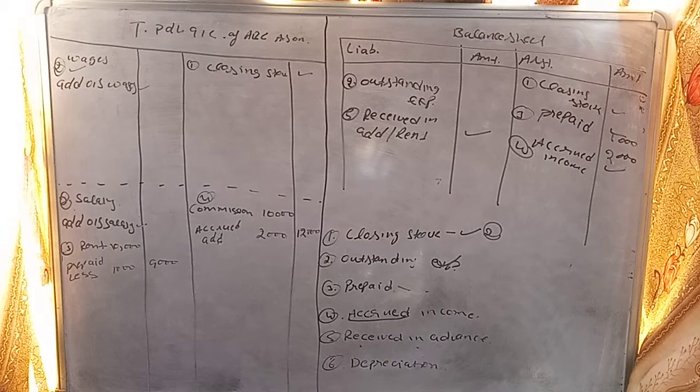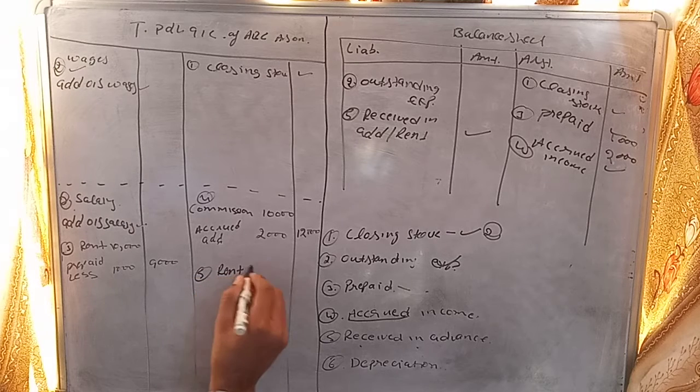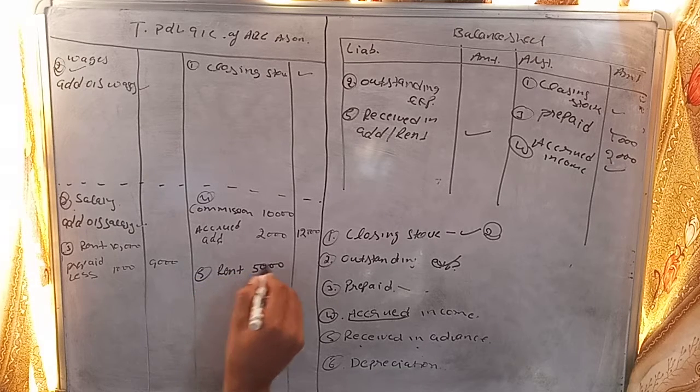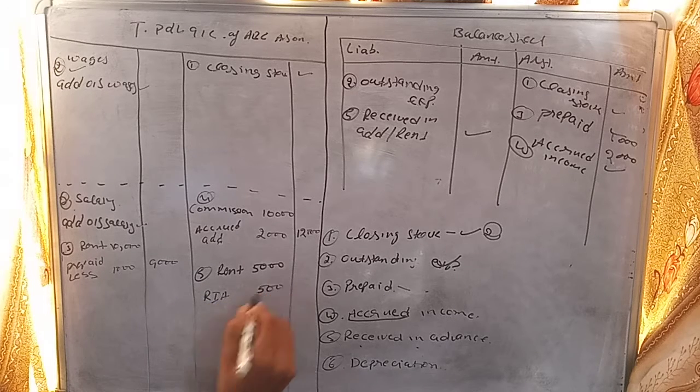And second treatment, if it is received in advance, so what we do, say in the profit and loss account we have rent, say 5,000, and out of this rent I have received in advance rupees 500 for the next year. So I will deduct it from here.